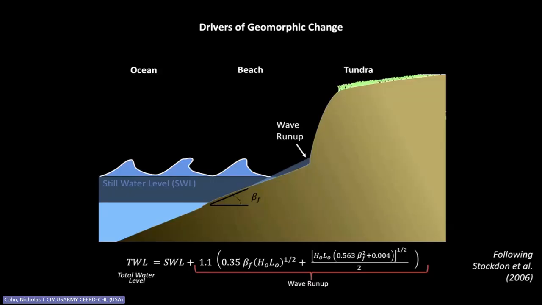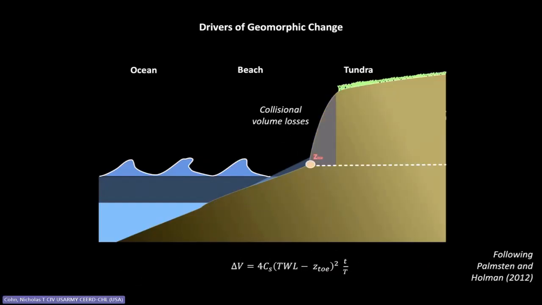So if we care about wave run-up in a simplistic framework, we can characterize this with a number of different empirical models. Here we have the Stockton 2006 wave run-up equation, which is quite widely used, and we're going to use this in terms of our analytical tool here.